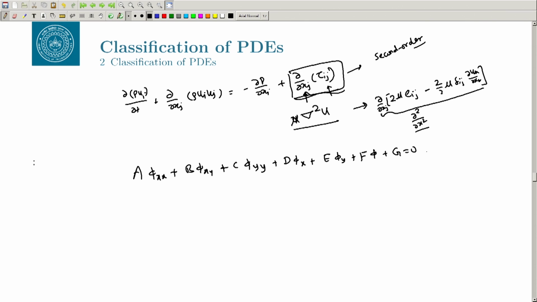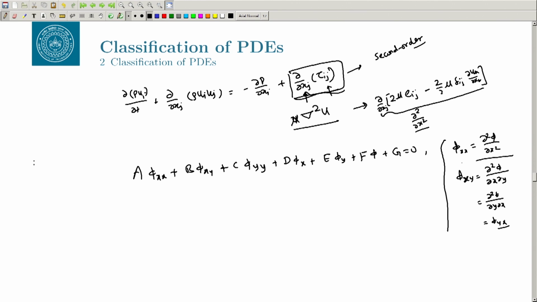As we have discussed earlier, phi x x for example here means del 2 phi by del x square, phi x y will mean del 2 phi by del x del y, which is nothing but del 2 phi by del y del x, which is nothing but phi y x, and so on and so forth, right.